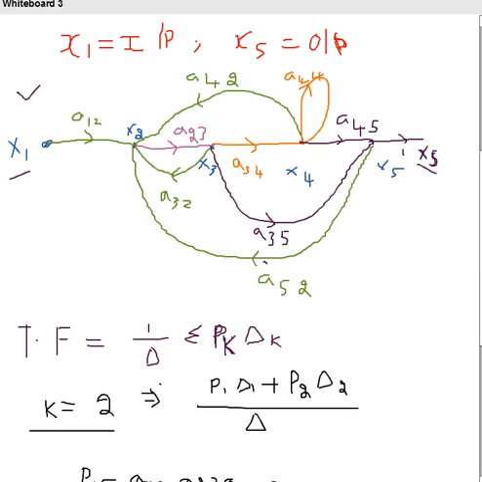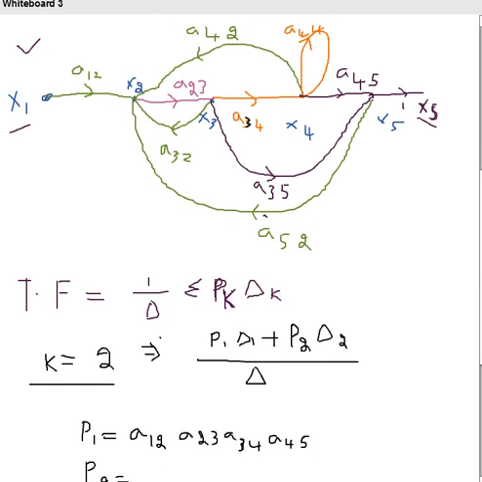A34, A35. Forward path. The definition of a forward path is a path from input node to output node.